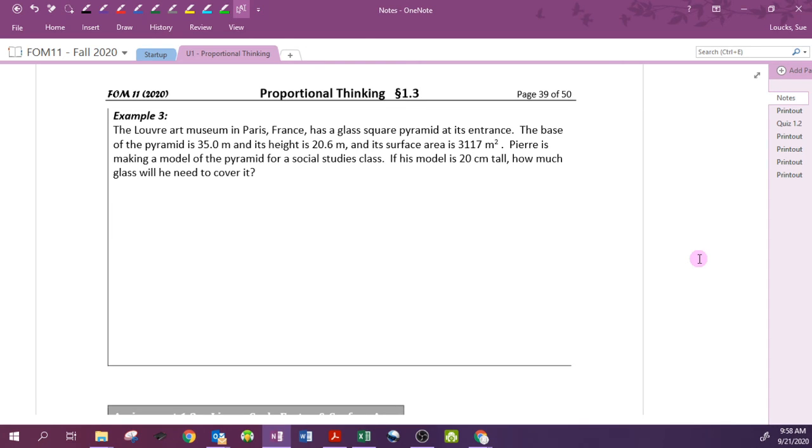If his model is 20 centimeters tall, how much glass will he need to cover it? So would drawing some little pictures help maybe? Okay, well let's draw the original. And it's a square pyramid.